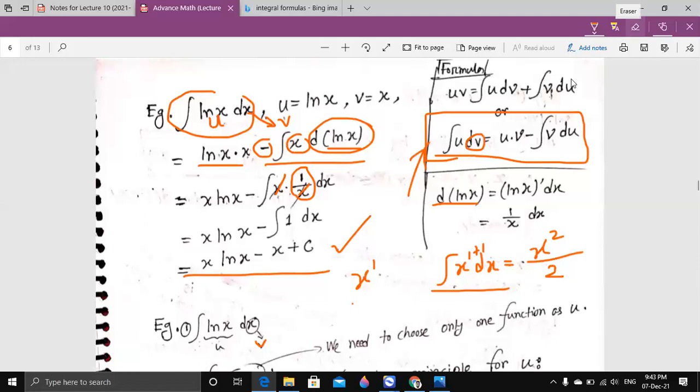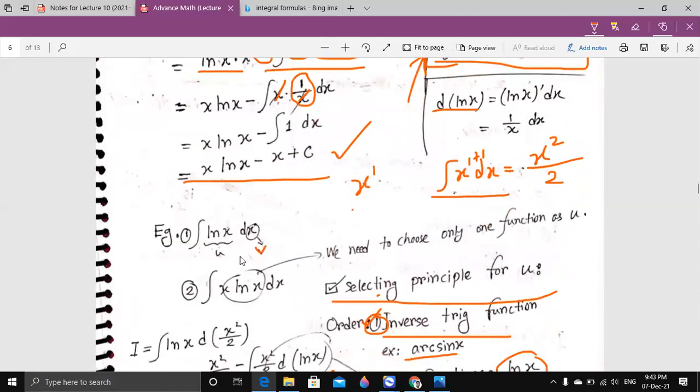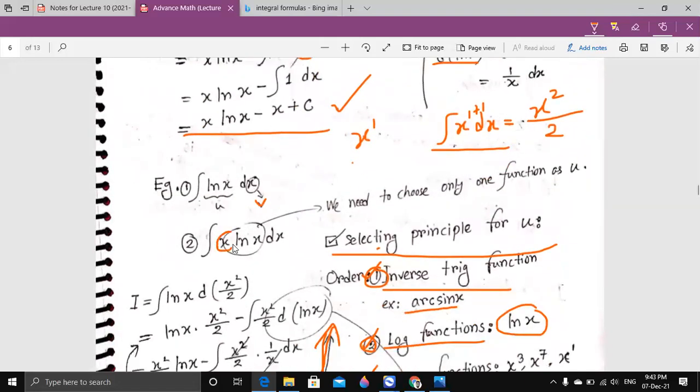That means dv. So we already let ln x is equal to u. So we have now x and dx. We have to convert this x dx to something like dv.